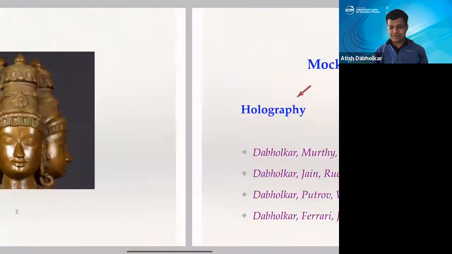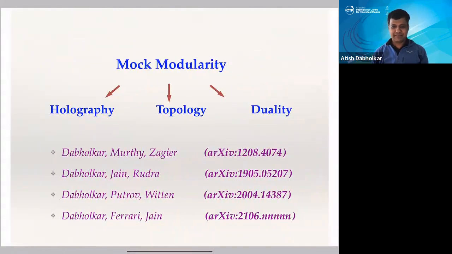This is based on the mammoth paper that we wrote a long time ago with Murthy and Zwegers. Then some work with my student Diksha Jain, who is coming as a postdoc to Tata Institute, and Arnab Rudra, who was a postdoc at ICTP and is now at IISER Bhopal, and then Putrov and Witten.